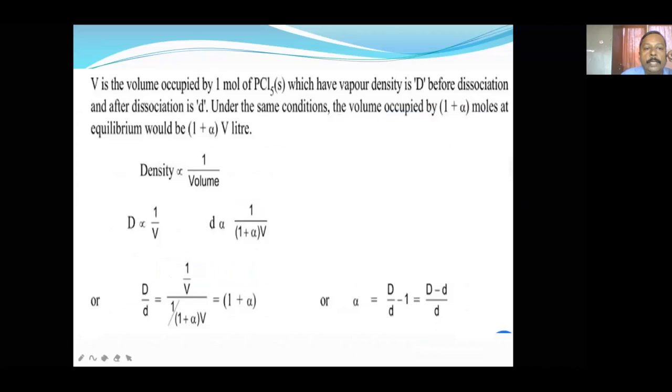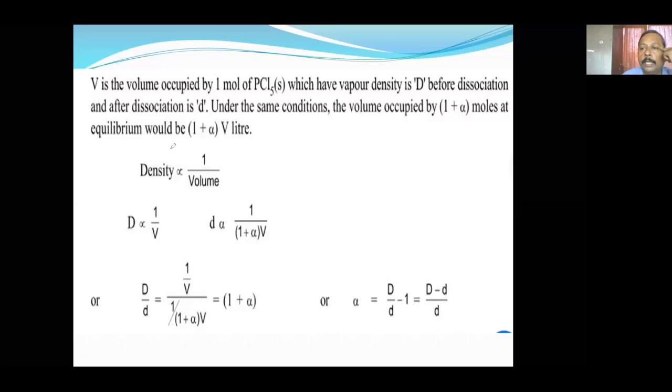Okay. So V is the volume occupied. Now we can say that volume is always inversely proportional to density, or density is inversely proportional to volume, because density is equal to mass upon volume. But why are we not considering the mass here? Because mass is conserved during the reaction. Reactant mass is equal to product mass.